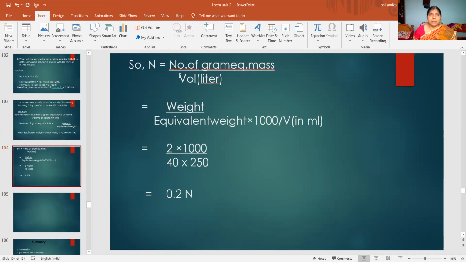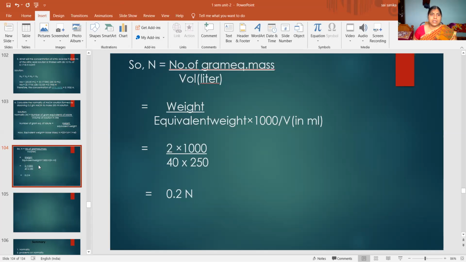And now gram mass and volume in liters. Weight by gram equivalent weight. So here 1000 by volume in ml. So 2 into 1000 by 40 into 250, that is 0.2.